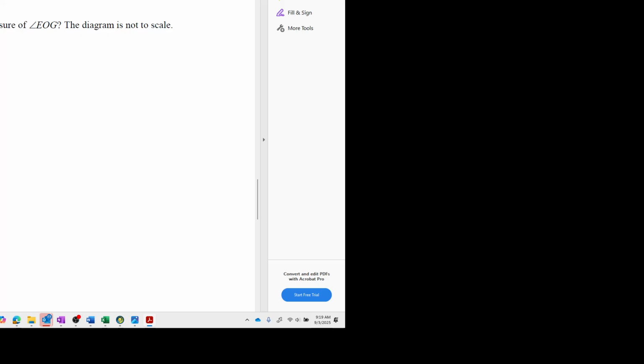So draw this picture on your paper. It's usually easier, however's easiest for you to draw the picture. This is very similar to the problem that we just did.